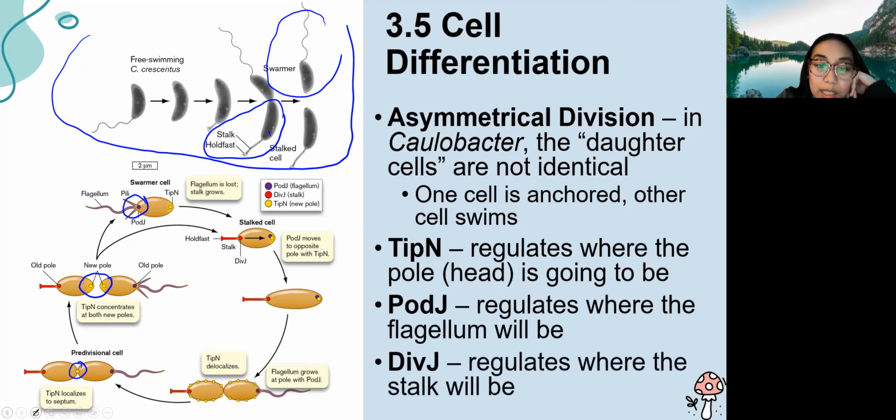And then finally, DivJ is the red protein, and that's going to be found only in the cell that stays put, the one that is anchored, and it regulates the production of the stalk, and the stalk is what anchors the bacteria. And so those are the three proteins. You don't really need to know this whole cycle of how they all move, because TipN is delocalized and then it localizes and all this craziness. Don't worry about it. You just need to know the three proteins.